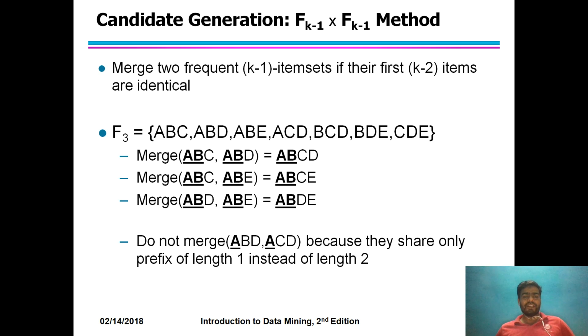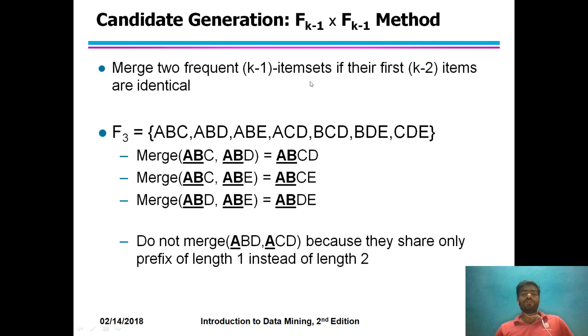Take first ABC and ABD. AB and AB is present, merge that, so we will have ABCD. Then ABC and ABE, merge on AB, and ABD and ABE, take only AB, giving ABDE. Do not merge ABD and ACD because they share only a prefix of length 1.